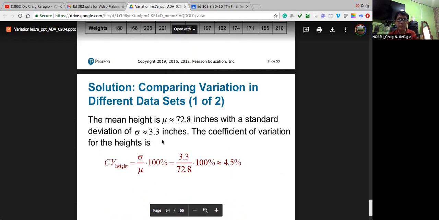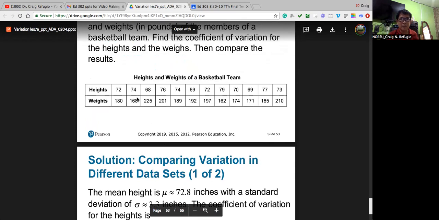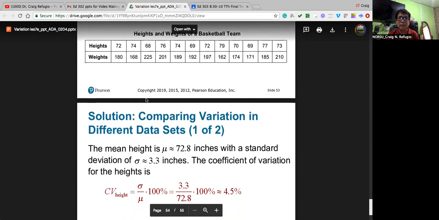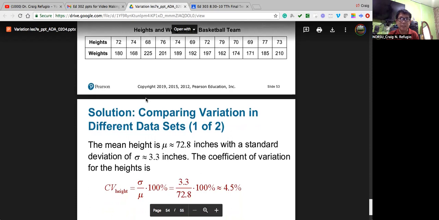So that will be your assignment: calculate mu and calculate sigma using the formula. These are the data given. I would like you to calculate, in terms of the height, the population mean and the population standard deviation. That is assignment number 1, to be submitted on Monday next week.